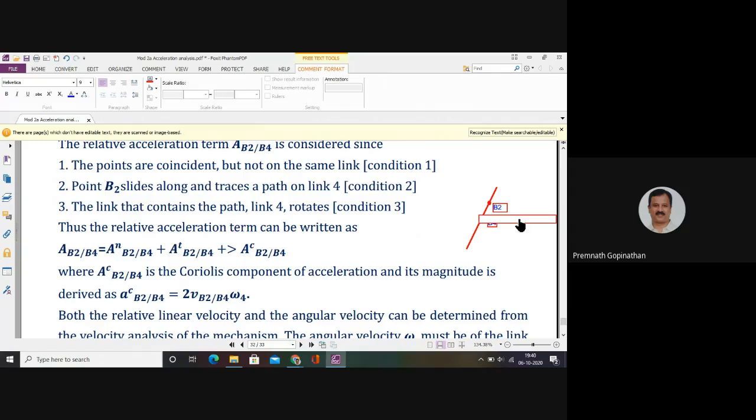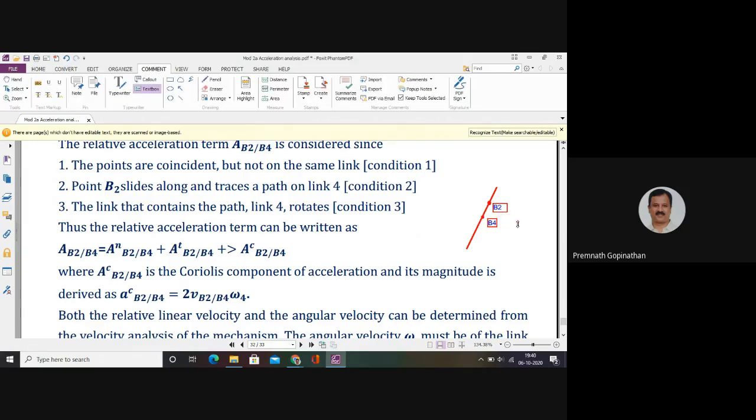Okay. Now, what is to be understood is that this is a fixed point. The bottommost point of the link is a fixed point. Now, initially imagine that this B2 and B4 are coinciding.